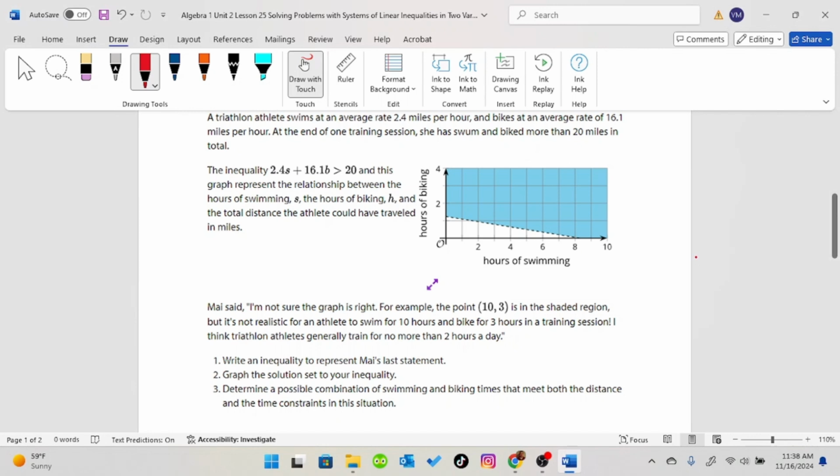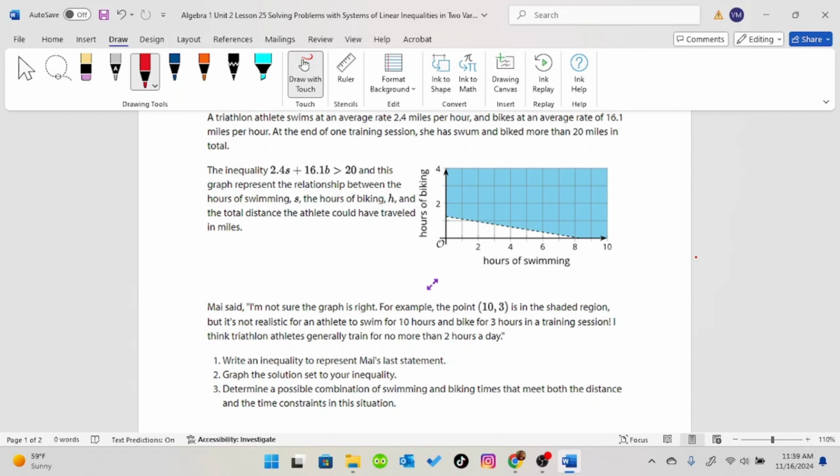Our next practice problem: a triathlon athlete swims at an average rate of 2.4 miles per hour and bikes at an average rate of 16.1 miles per hour. At the end of one training session, she has swum and biked more than 20 miles in total.